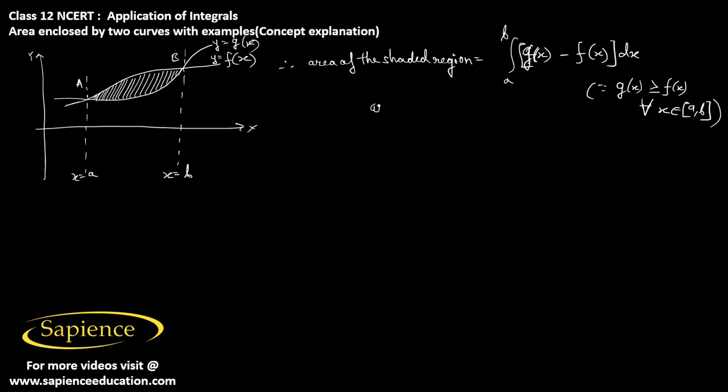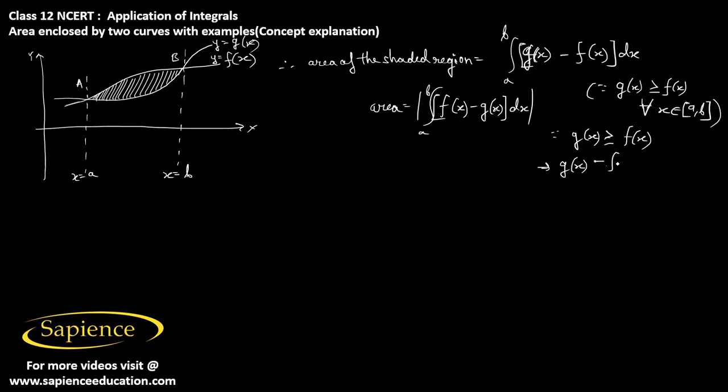So actually the area should be equal to the integral from a to b of the mod of f of x minus g of x dx. Now since g of x is greater than or equal to f of x, I can tell that g of x minus f of x will be greater than or equal to 0.